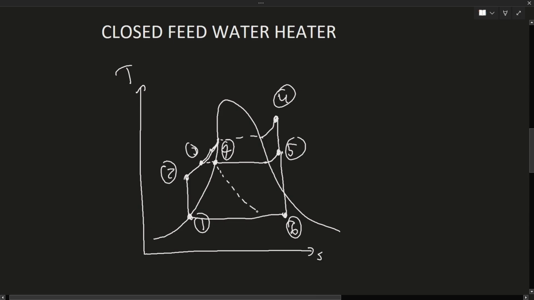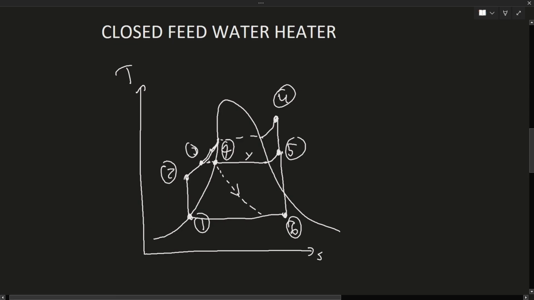In a lot of your problems, you're going to see this line over here. It just explains that some of the water enters here, but you don't need to know that. Just know that after point 5, a fraction of the water goes into the closed feed water heater.